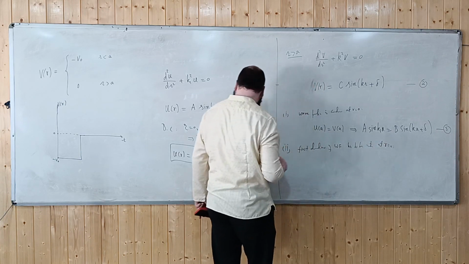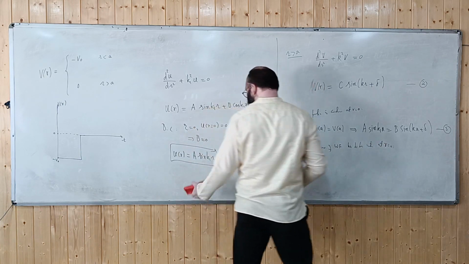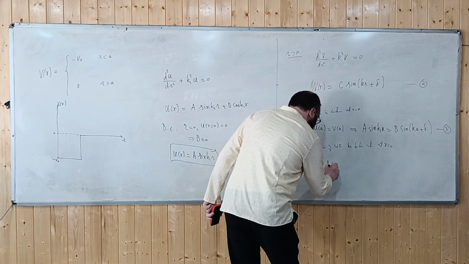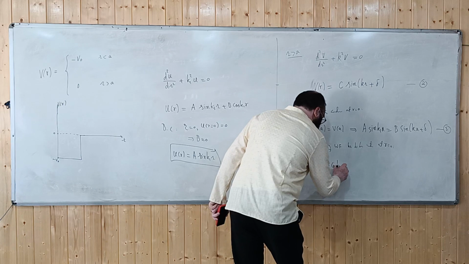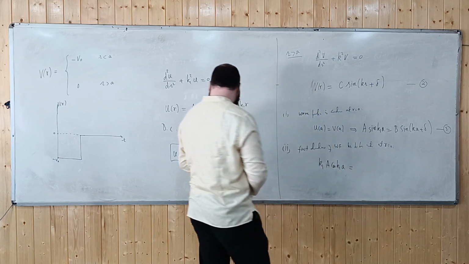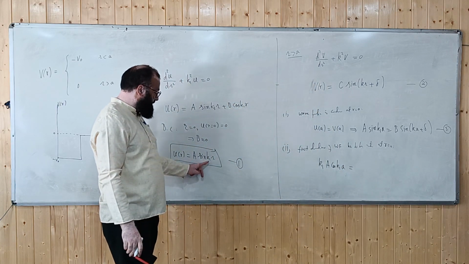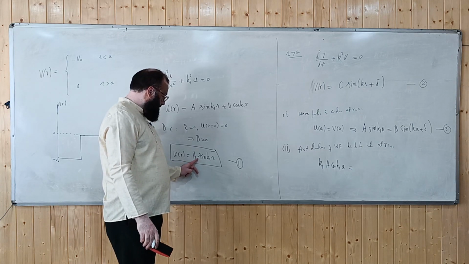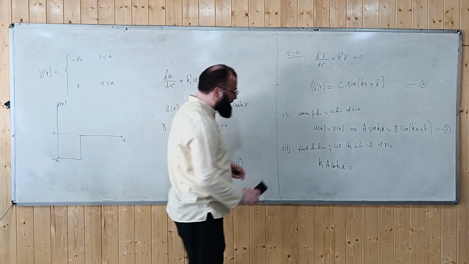What does that mean? Let's take the differentiation of this. It is a k1 cosine of k1a. Clear? Sine differentiation is cos of k1r times k1, at r is equal to a.